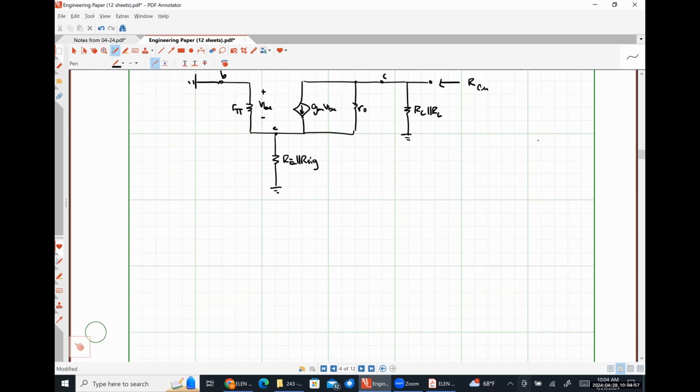So from that, we can say that RC mu, the same thing as RCCS, is RC in parallel with RL in parallel with R naught plus R pi in parallel with RE in parallel with R sig, plus gm R naught times R pi in parallel with RE in parallel with R sig.